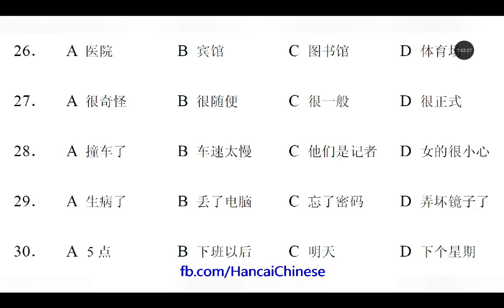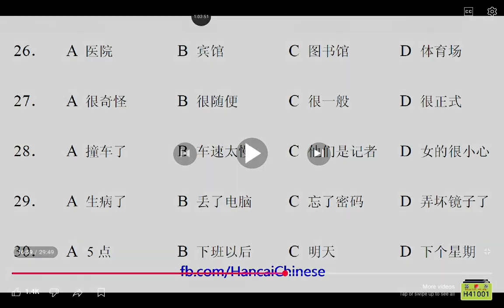If they talk about games, then maybe it's in a stadium. If they talk about books, it's library. If they talk about something related to disease or doctor or anything else, then we can say they are talking about hospital, and this is hotel. Okay, let's listen.